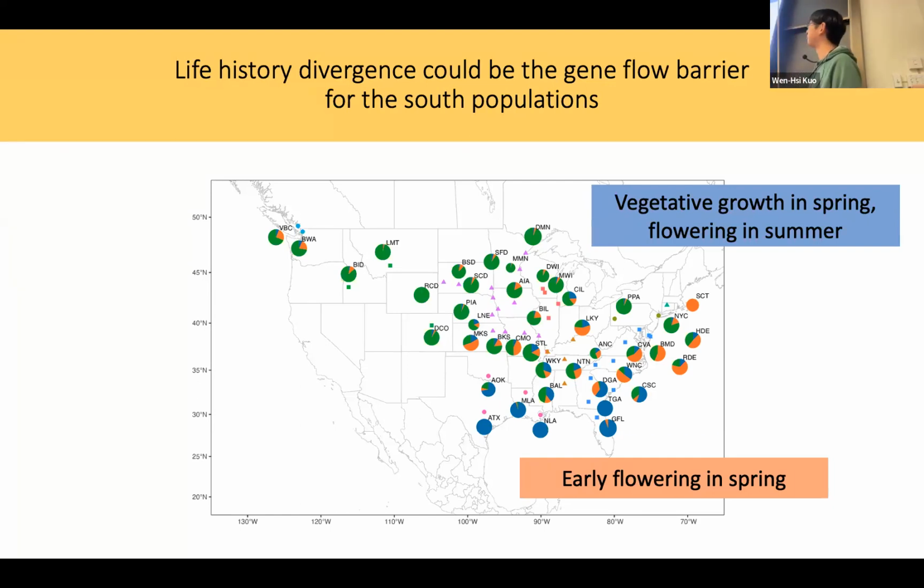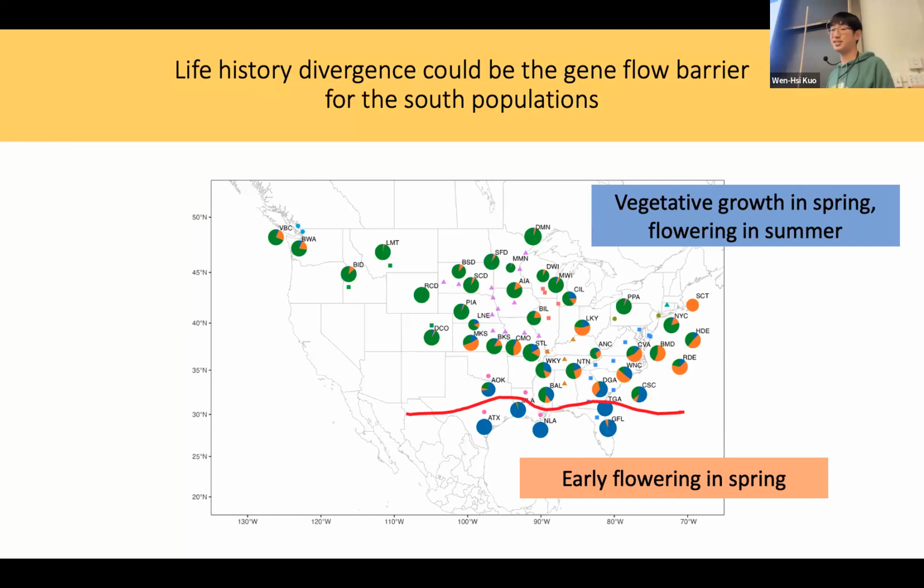So from the results of population structure and also those developmental genes and flowering regulated genes from the landscape genomics, I hypothesize that because of the divergence of the reproductive schedule, there is a barrier for gene flow between the north and south populations.